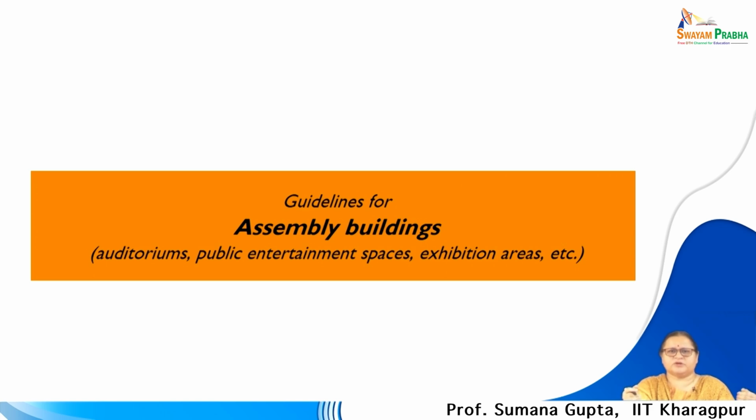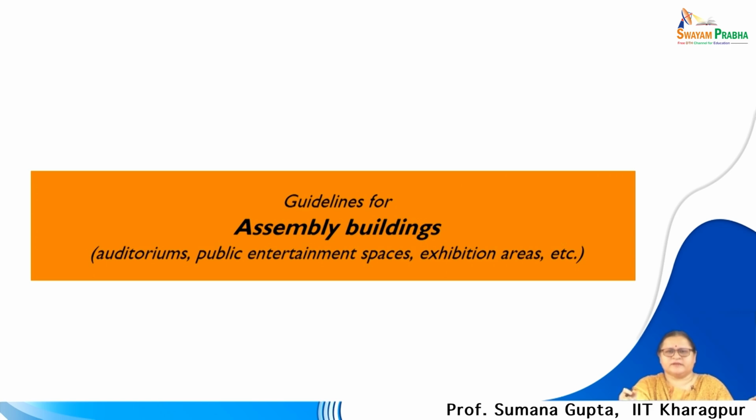So, for auditoriums or public entertainment spaces, people may be coming for the first time and say they happen to come across a fire, and they should be given proper directives for escape, which is the first and foremost objective of our designs. It should not harm any life or should not take any human life.